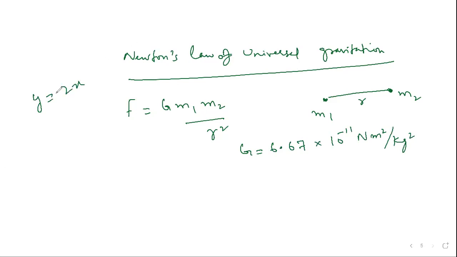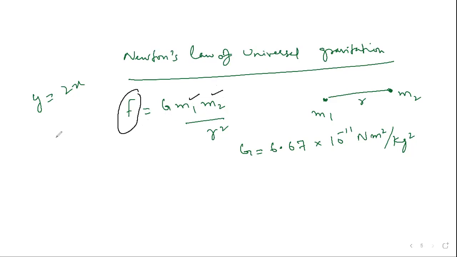Any equation related to certain variables has a left hand side and a right hand side. Now, this law we have expressed in the form of an equation. Now, an equation involves variables. Force is a variable, masses are variables because they can have different values, and the distance between the masses is another variable.